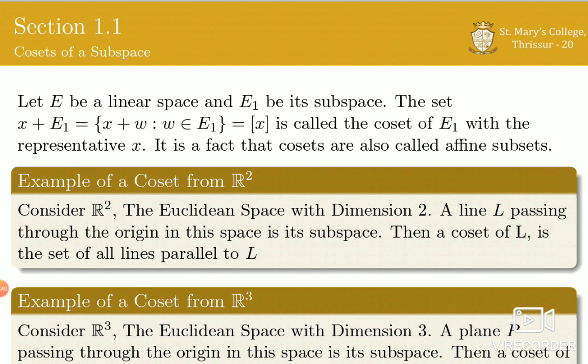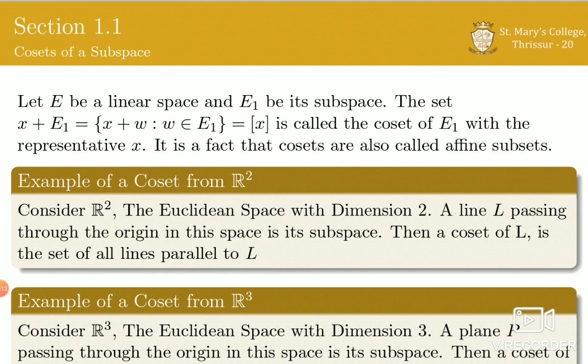Now we will think of some examples of cosets. We will first think of R2, the Euclidean space of dimension 2. That is the plane actually. In the Euclidean plane, that is in R2, we have 3 types of subspaces, not subsets, subspaces.